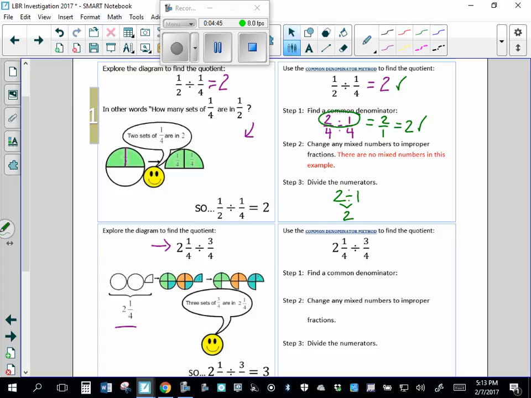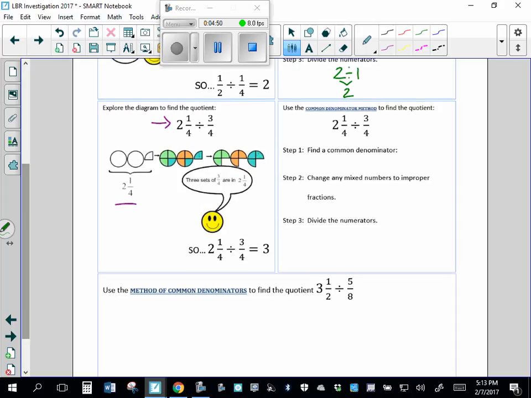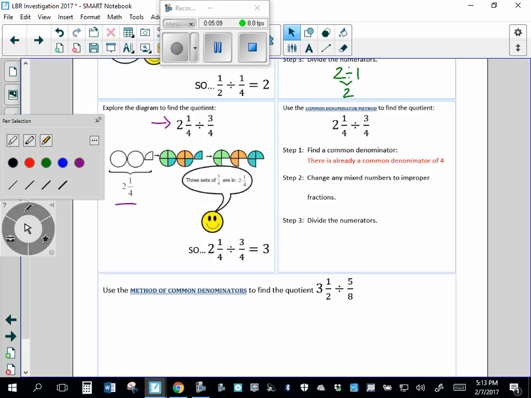So we practiced that again with the common denominator method on this next example. So step 1 was find a common denominator. And in this problem, there's already a common denominator. So step 2 is to change any mixed numbers to improper fractions.